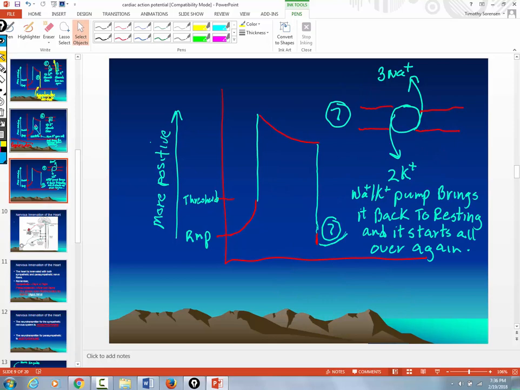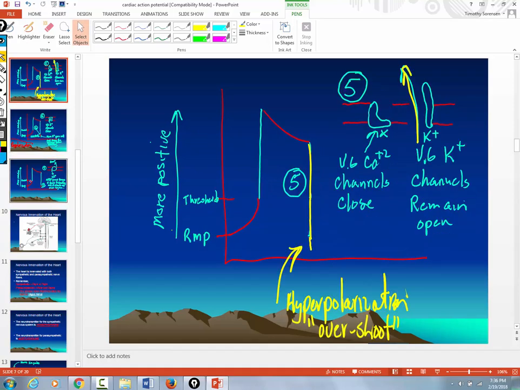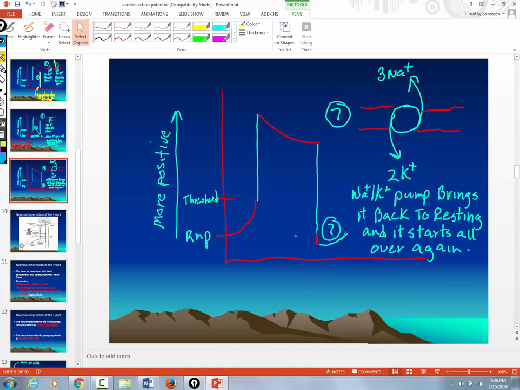And the voltage-gated potassium channels close right here. So no more positive charge can come out.